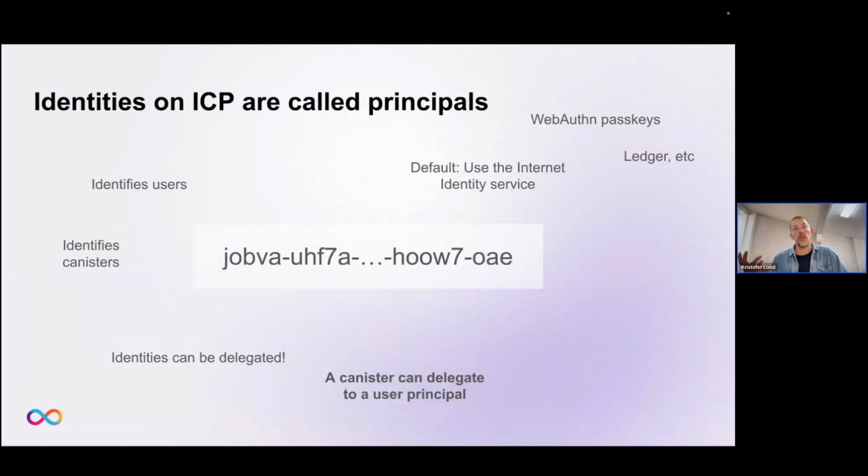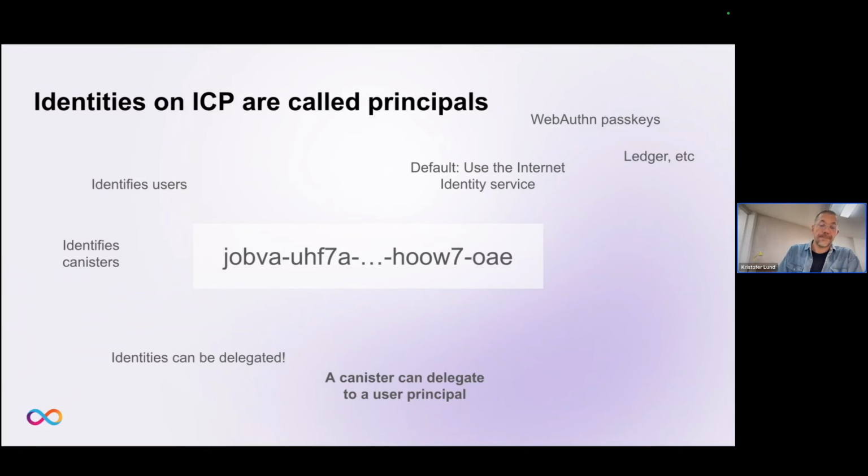Usually these user identities are generated using the default identity service provider that DFINITY or the Internet Computer provides, which is called the Internet Identity Service. This service has cool stuff like WebAuthn and passkey support. It supports Ledger, etc. So it's a good identity service.